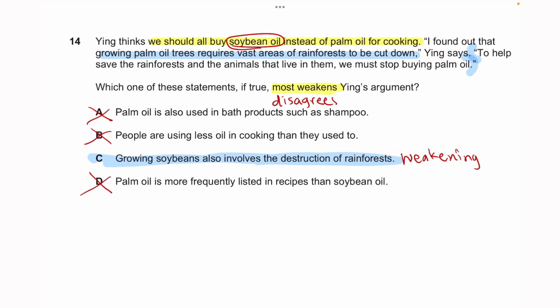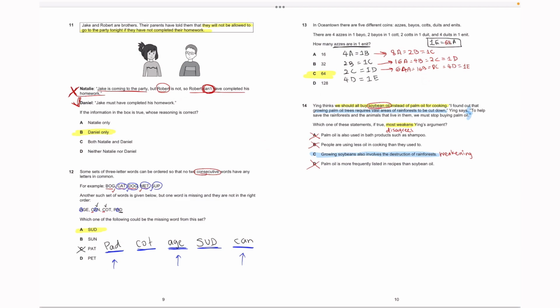And in the 2021 paper, a very similar question to this came out, and that question was question 5. Both questions required students to determine the main point of an argument and figure out a statement that would most go against that argument, thereby weakening it. And so both questions have a similar field of topic. Alright, so that's question 14.